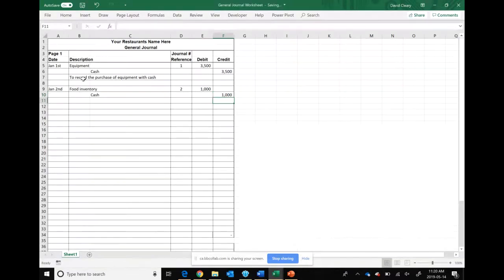Now we have to give a description for this particular transaction. Again, we want to start this description with the two words "to record," because that's what we're doing. We're recording. To record what? What would we be recording here? Exactly.